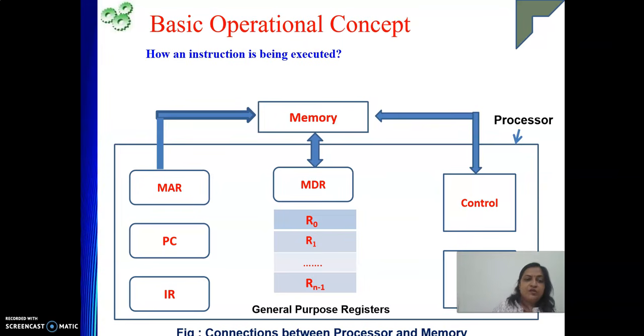Let's see. So see, in this diagram, one bigger component is your memory and this bigger rectangle is representing our CPU, right? Inside this CPU, our registers are there. This left-hand side part is representing our registers. Some are dedicated registers, some are general purpose registers, that already we have seen in our last video.